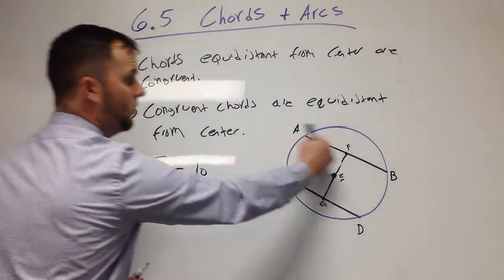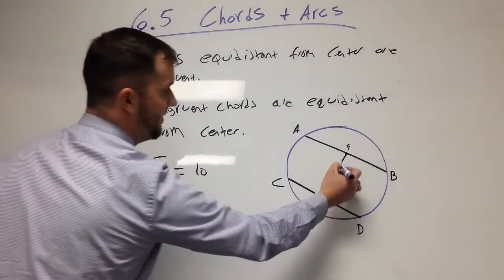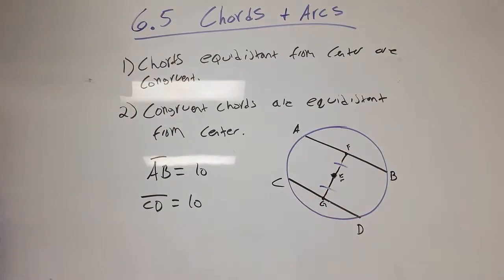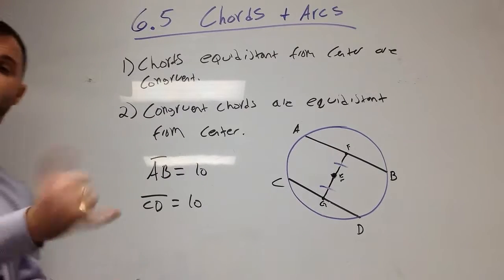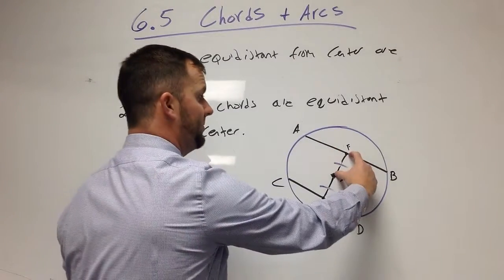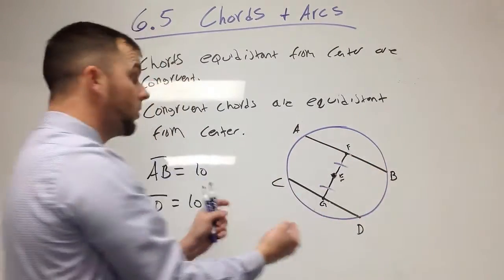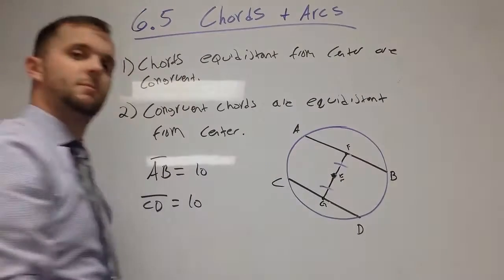Since the two chords are congruent to each other, that tells me the two chords would be equidistant from the center. So it works vice versa. One more time: if chords are equidistant from the center, then the chords are congruent. If the chords are congruent, then they're equidistant from the center.